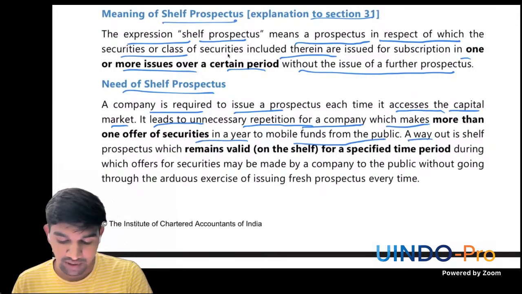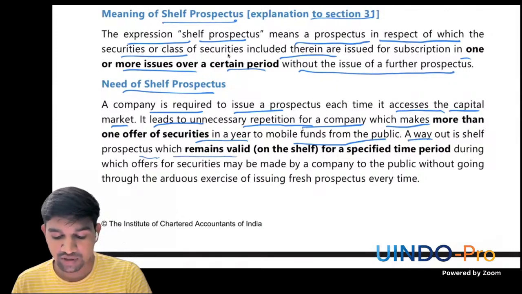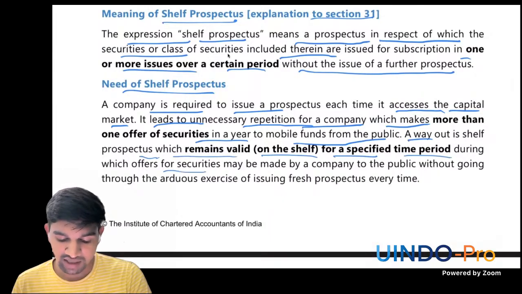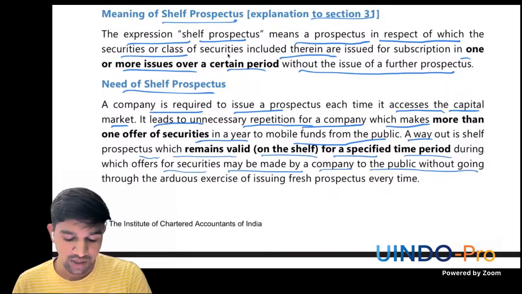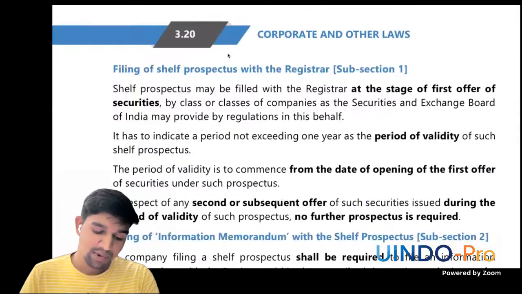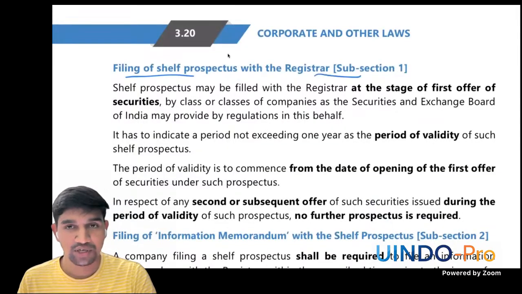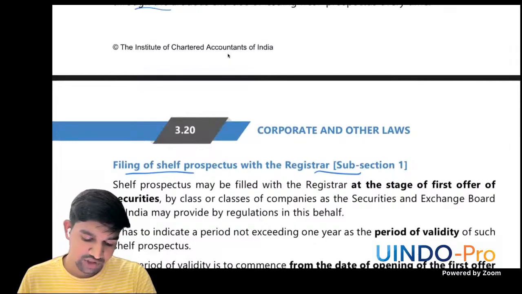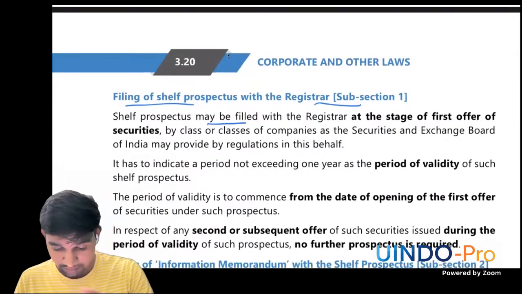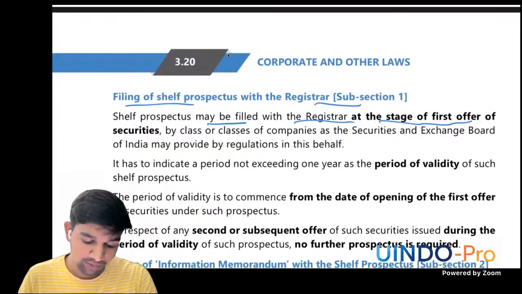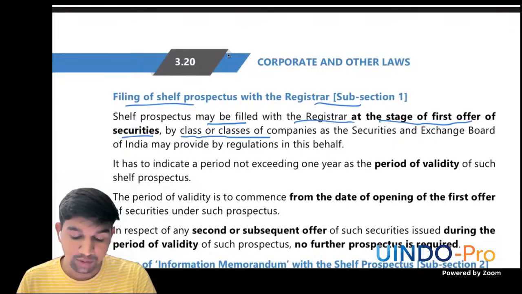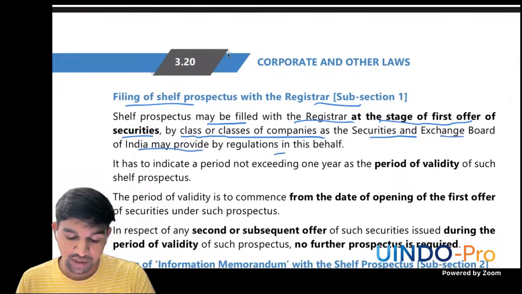A way out is the shelf prospectus, which remains valid for a specified time period during which offers for securities may be made by a company to the public without going through the arduous exercise of issuing a fresh prospectus every time. Filing of shelf prospectus with the registrar: subsection 1 of Section 31 provides that a shelf prospectus may be filed with the registrar at the stage of the first offer of securities by such class or classes of companies as the Securities and Exchange Board of India may provide by regulations in this behalf.